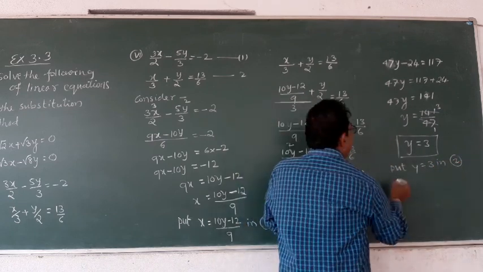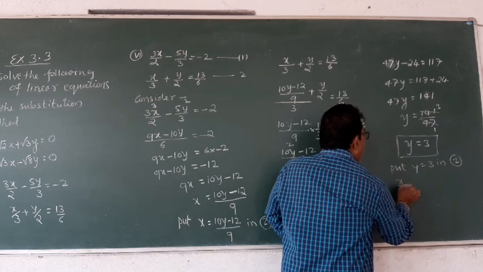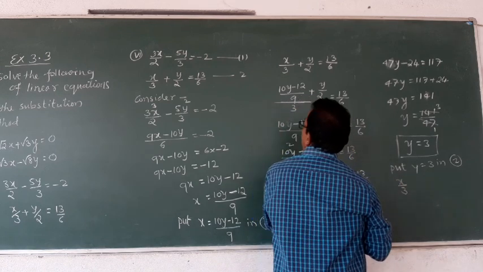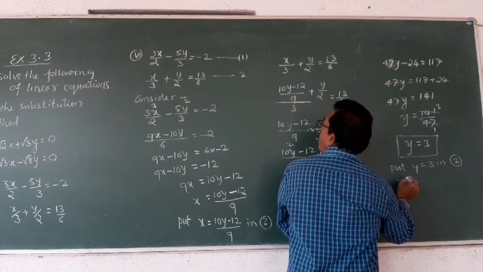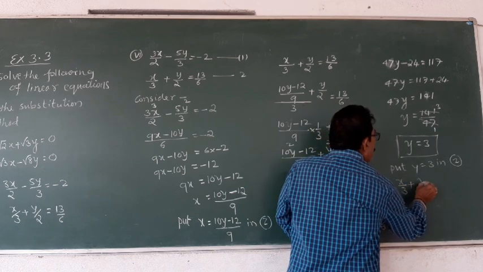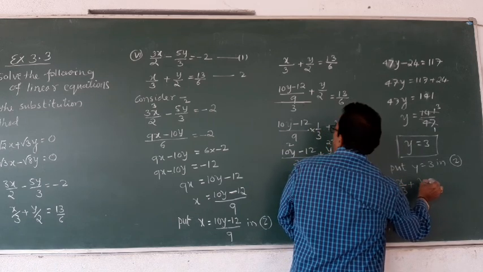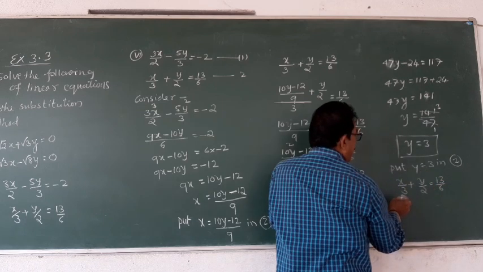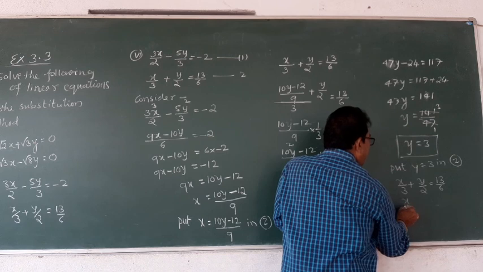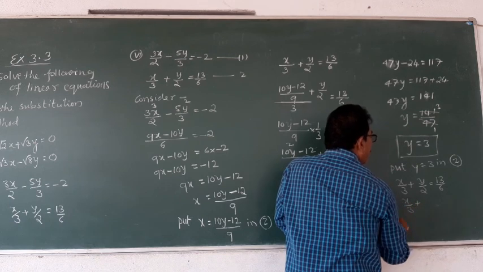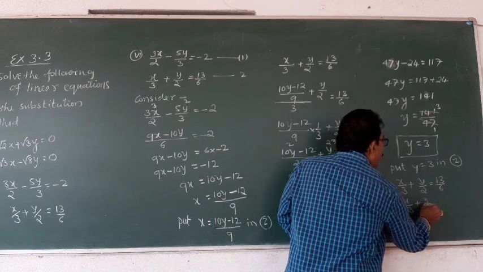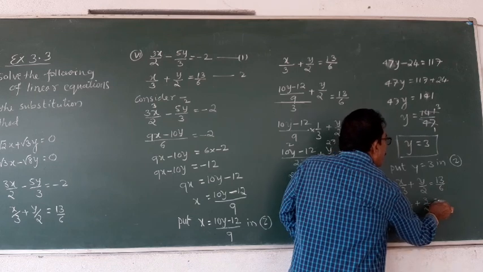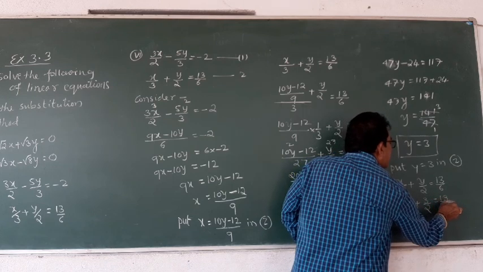Into x by 3 plus y by 2 equals 13 by 6. x by 3 plus 3 by 2 equals to 13 by 6.